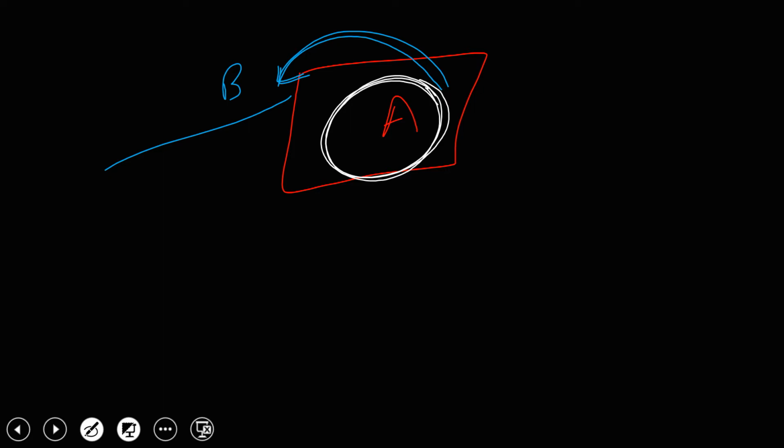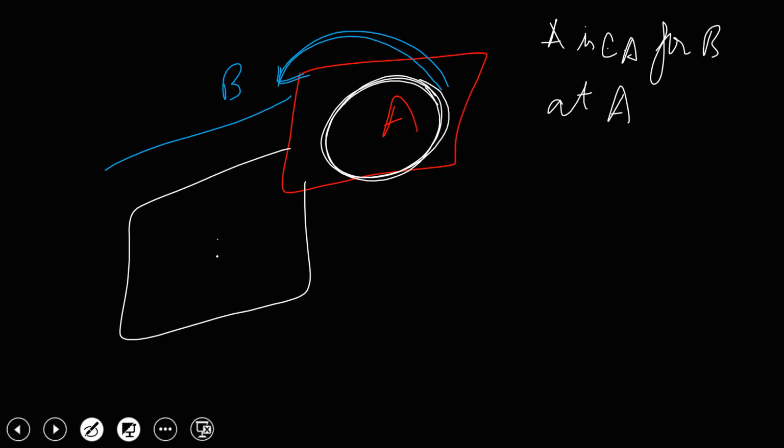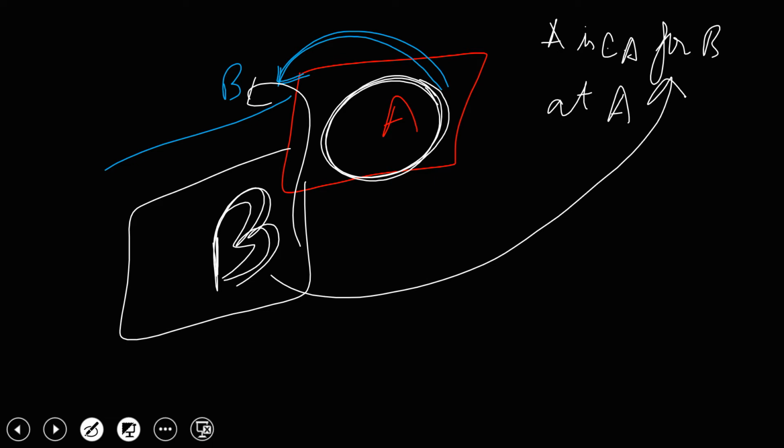Alright, therefore we would say that A is the catchment area for B at A only, because there could be another area also which would be draining into the river B, but in that case that area would be the catchment area for B, but not at A, at that other location.